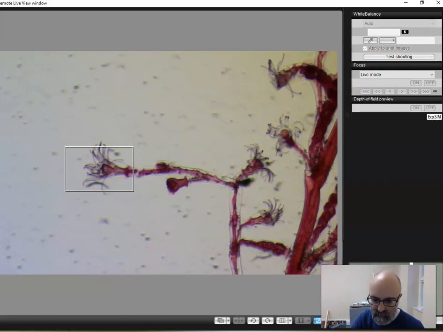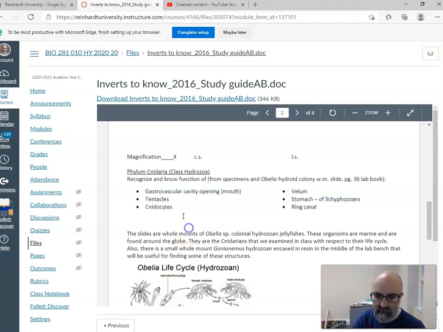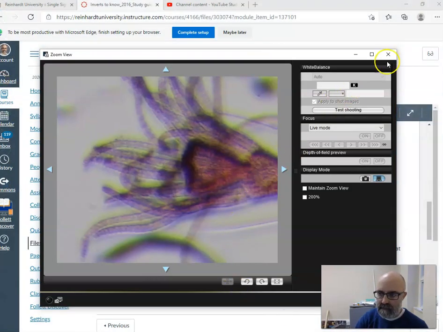What else do we need to know on this guy? Tentacles, cnidocytes. And now these three are really best seen on a Gonionemus whole mount. You can see it in the lab. But on the Obelia, you're looking for the gastrovascular cavity, tentacles, and the cnidocytes. Okay, you can see those here.